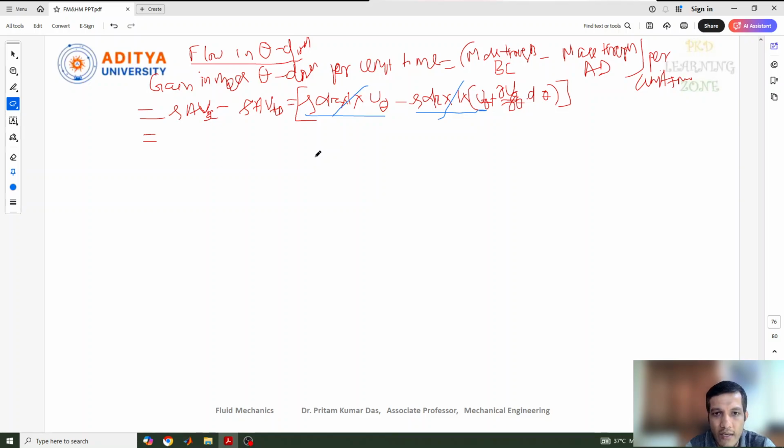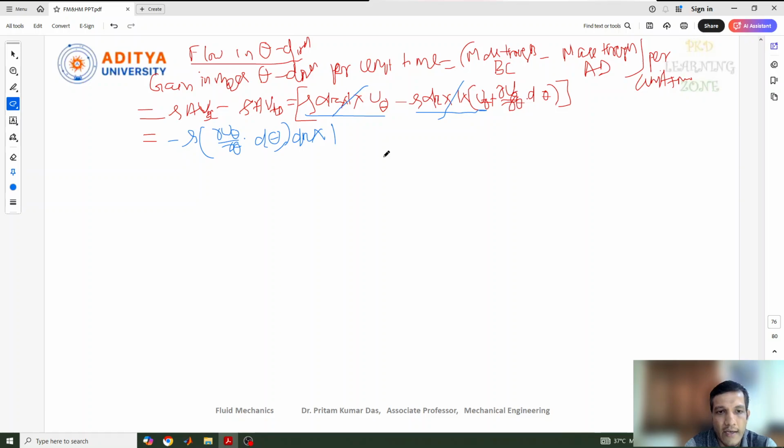The remaining part is only this side, along with rho dr multiplied by it. So directly I'll write minus rho into del u theta by del theta into d theta, bracket close, into the area dr into 1.